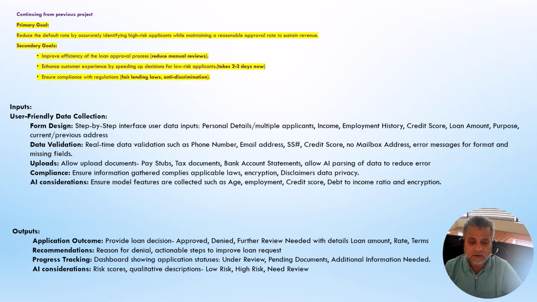Recommendations: in case of denial, what are the actionable steps by the user so that they can reapply if they want to, or they can improve, for example, their credit history or credit record, and then come back again or apply anywhere else. We also provide the progress of where the application is right now. If the application is under consideration, under review, or there are more pending documents needed, we should provide that information to the user.